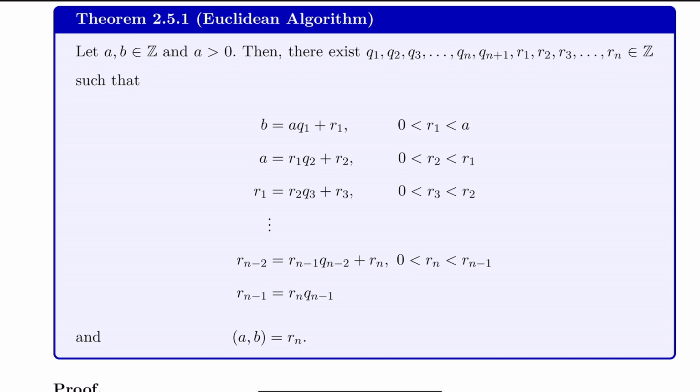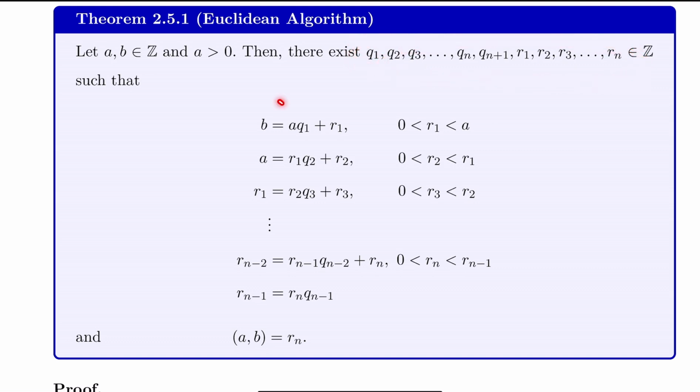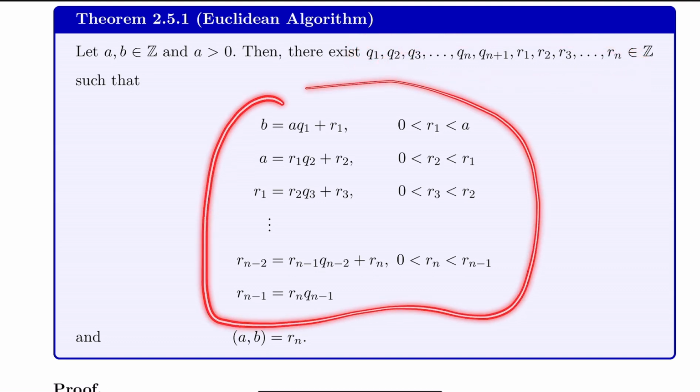Okay? And then to use the Euclidean algorithm, there must be integers q1, q2, q3 all the way to q(n+1), and then r1, r2, r3 all the way to rn. So these are integers satisfying these equations.